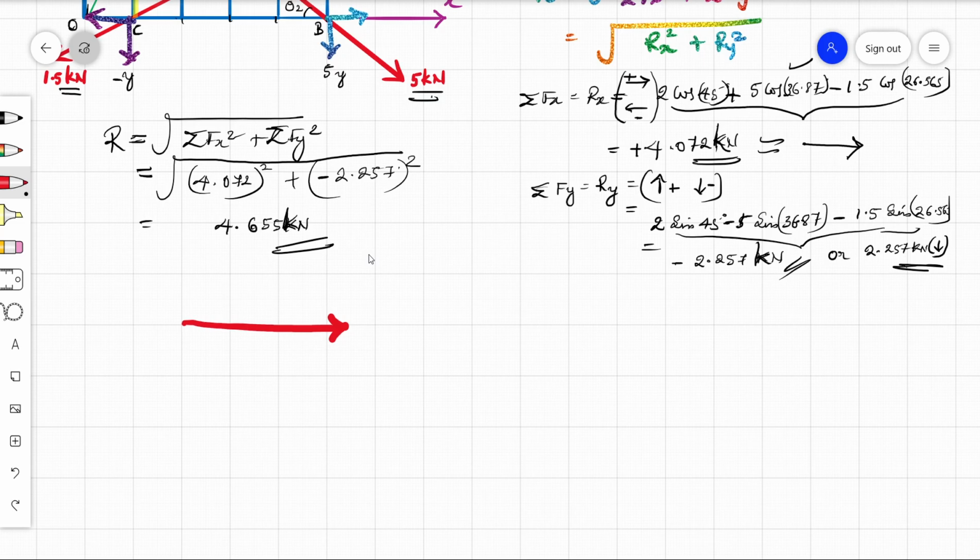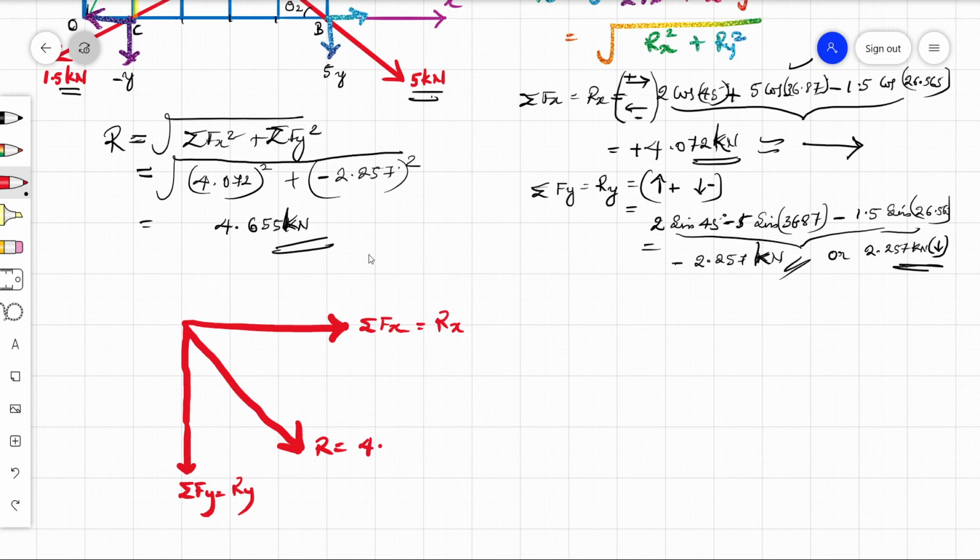This is summation of Fx. My summation of Fy is going top to bottom. I have written summation of Fy, or you can write it as Rx and Ry. My resultant, which is going in the middle, I give as R, that is equal to 4.655. This is one step that is done.